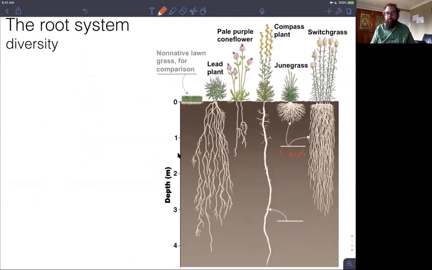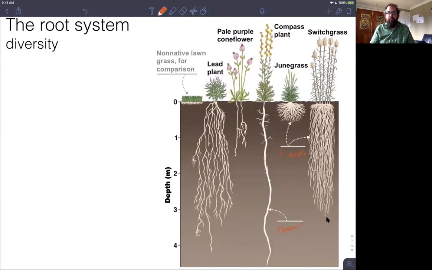But even within those grasses, we have some that have a shorter root system and some that might have a little bit longer, more extensive or deeper root system. We also have other plants that have these long taproots associated with them. And here's an example of a taproot root system.